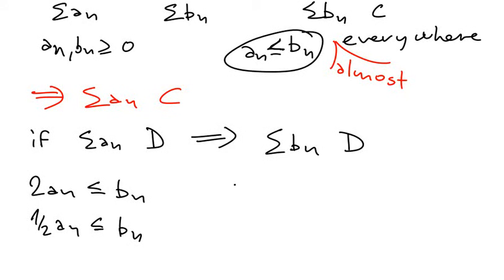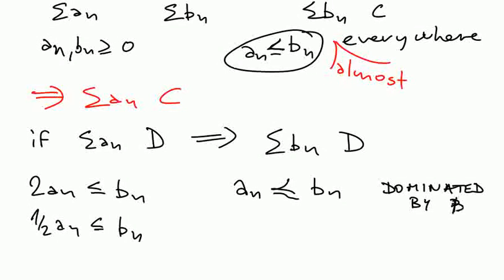So if the values of an are dominated by bn, then a similar thing will hold: bn converges implies an converges.